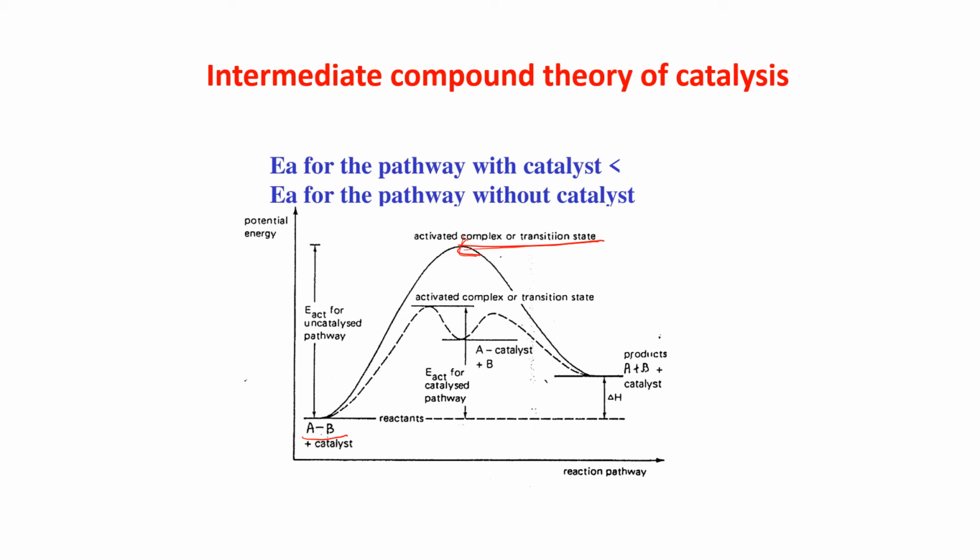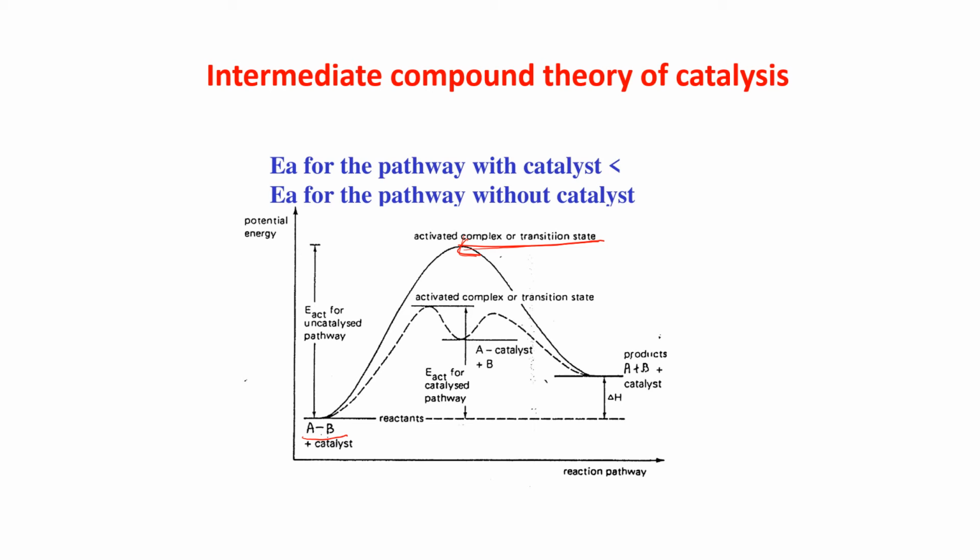First, one reactant is reacting with the catalyst to form an intermediate. To form that intermediate, the activation energy is less than the previous one, that is the activation energy without catalyst.